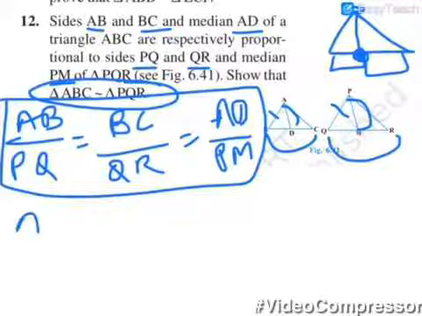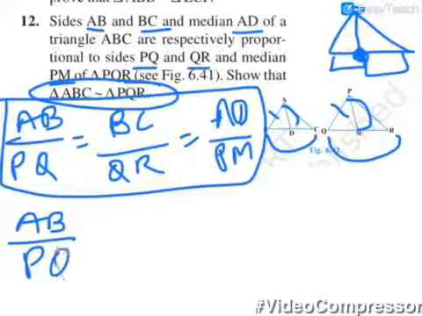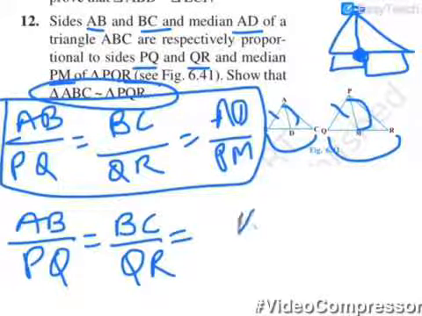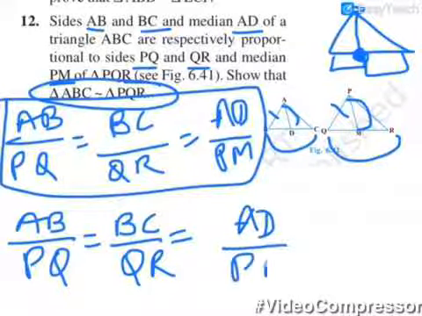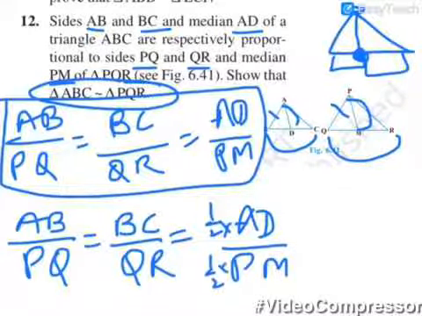Let's write this again: AB by PQ is equal to BC by QR is equal to AD by PM. Now this fraction I want to multiply with half in the numerator and denominator. When you multiply numerator and denominator with the same number, the value of the fraction will not change. We know that.